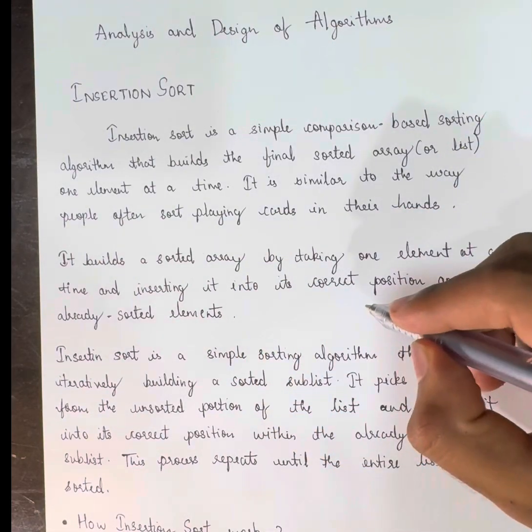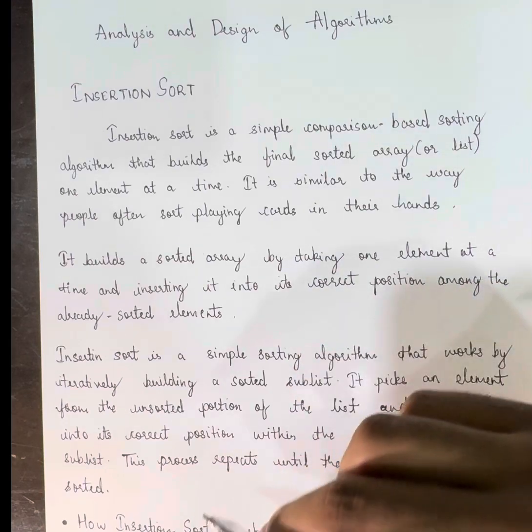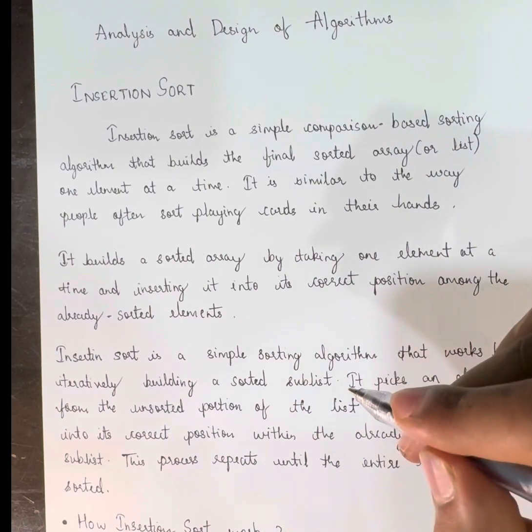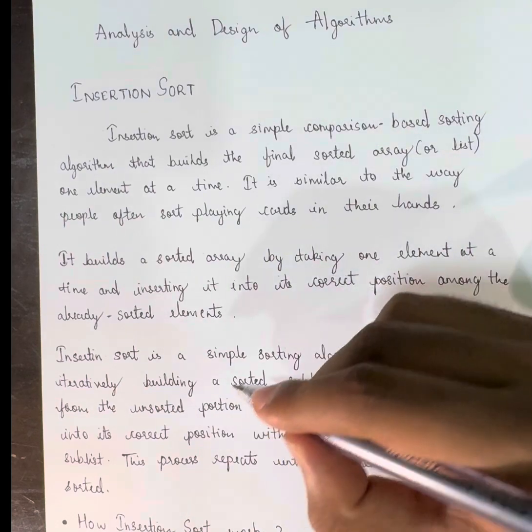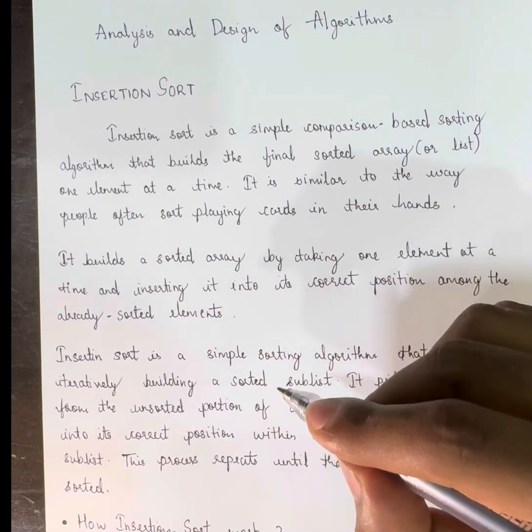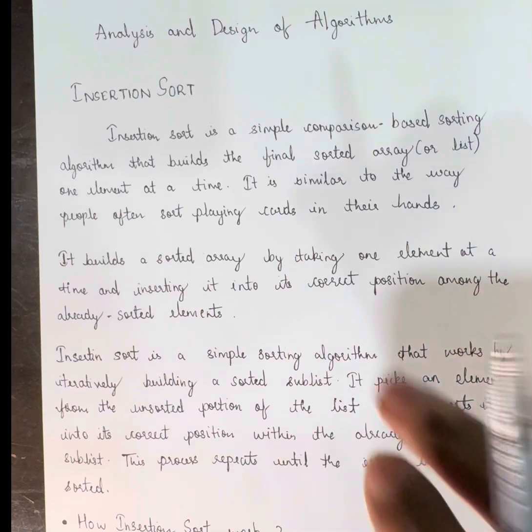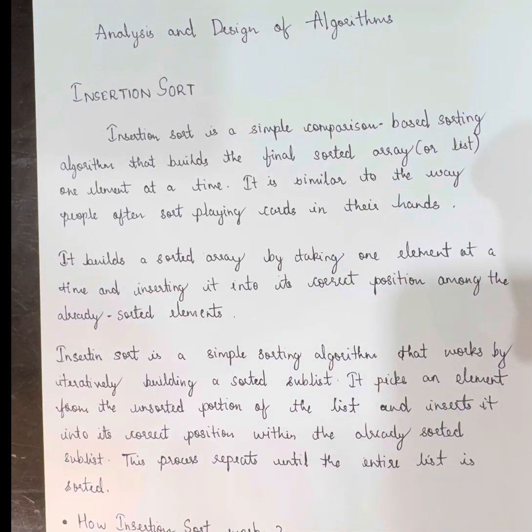In insertion sort, we compare backward from the current position and shift larger elements until we find the correct place. After n iterations, the first n elements are sorted.